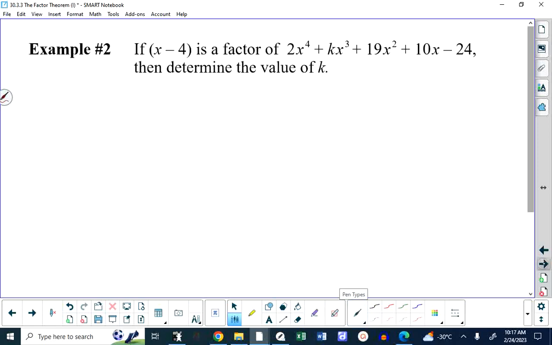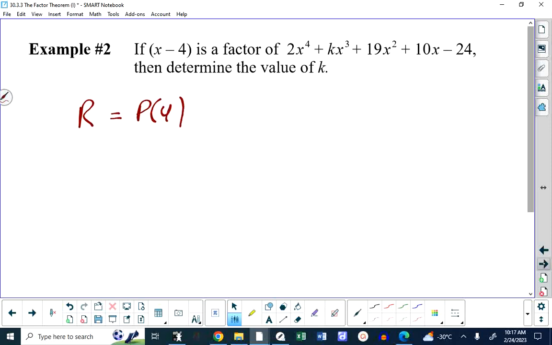Let's take a look at one final question, and this is a very basic question. I hope everybody sees the factor theorem is just a specific case of the remainder theorem. The remainder theorem says when you divide a polynomial by x minus 4, the remainder should equal p of 4, correct?